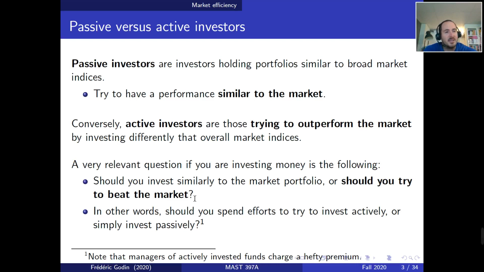So the question is, does the performance of active managers justify charging this premium? Is the outperformance of active management worth enough to cover the premium they charge and potentially more, to earn additional benefits in total in excess of passive investment strategies?